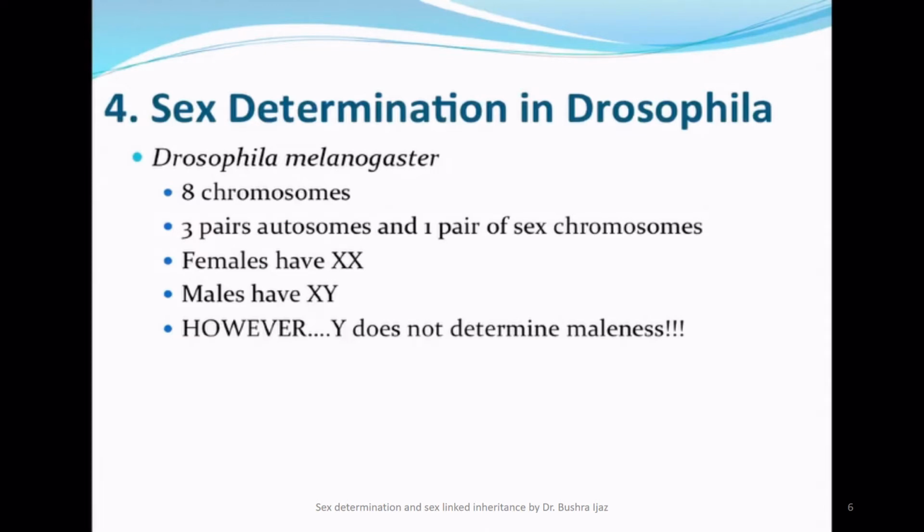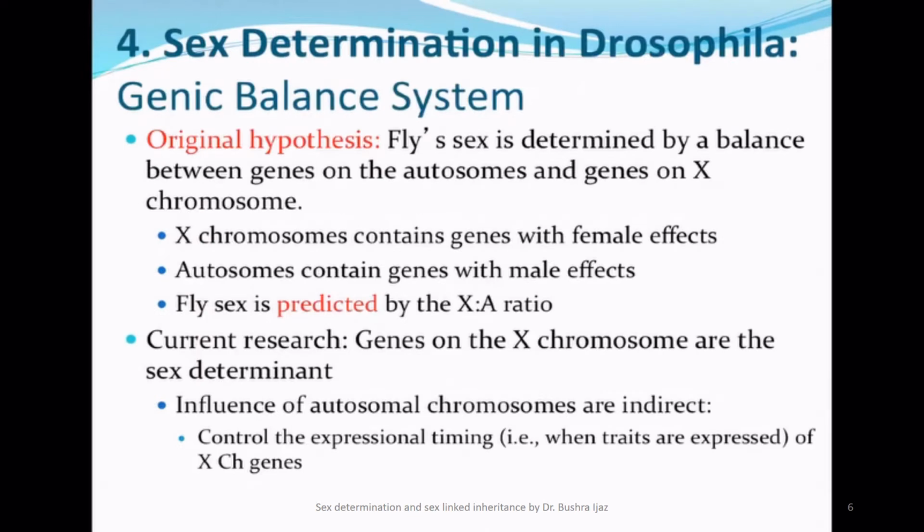The female has the genotype XX, and the male is XY, but it's very different from the human system. Y actually does not determine the degree of maleness in Drosophila species. You'll see what we're talking about in just a few minutes.